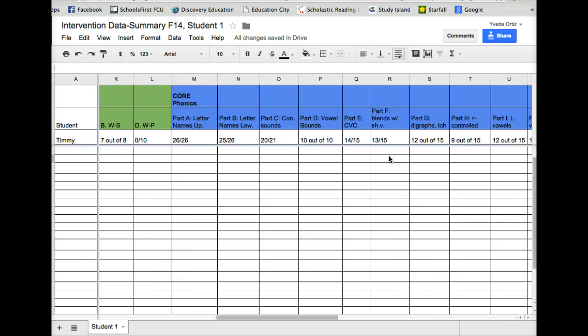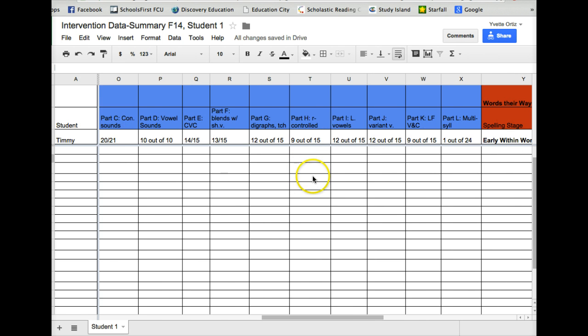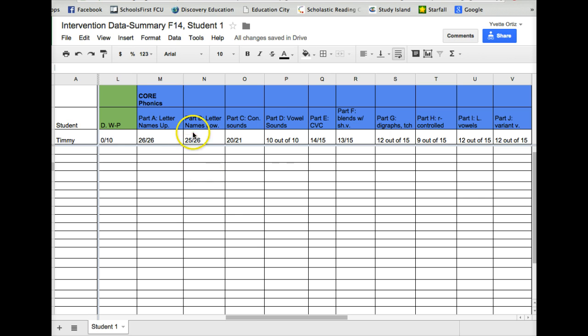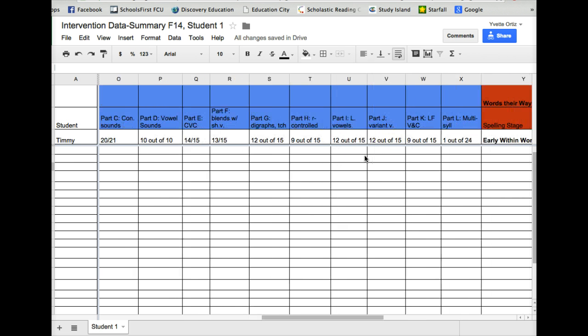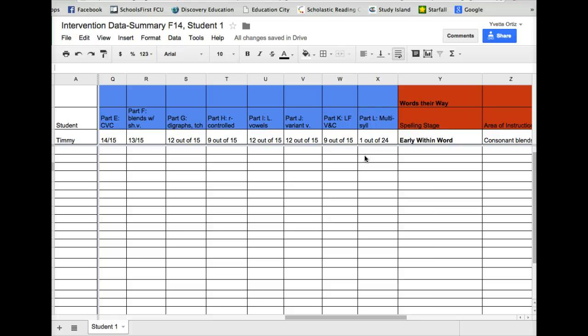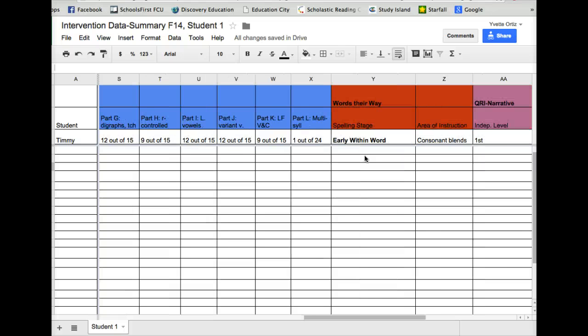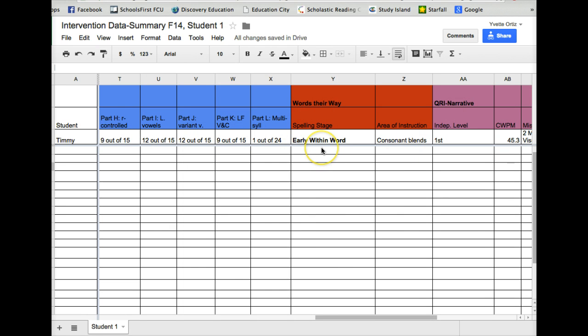I had to abbreviate all these different areas of the test. So this means letter names uppercase, letter names lowercase, consonant sounds, vowel sounds, CVCs, blends with short vowel, and so forth. Here we're going to input the spelling stage from the words their way.